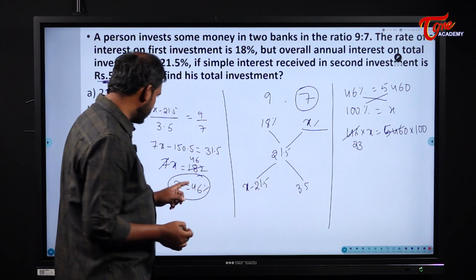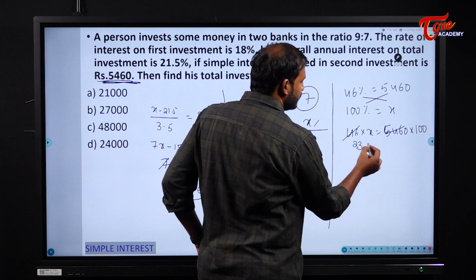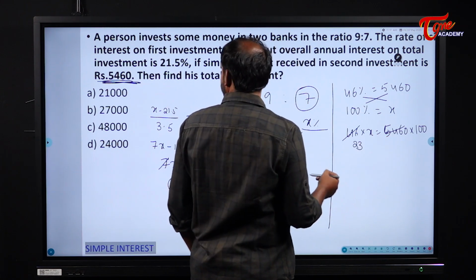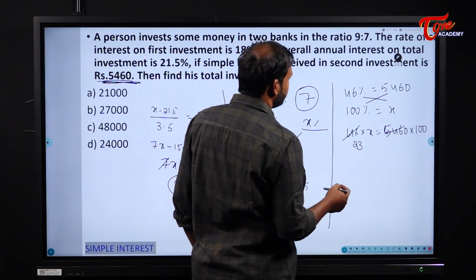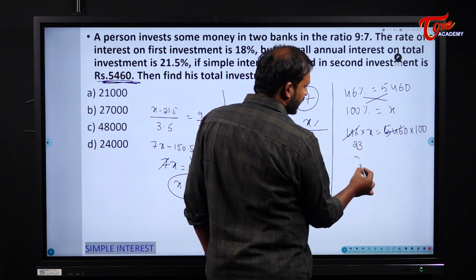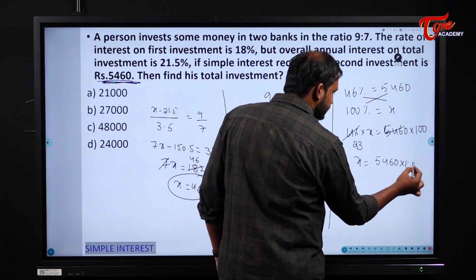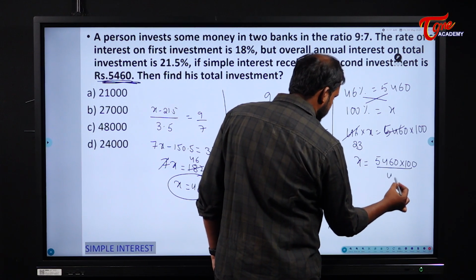Right? Is it correct? Yes, everything is correct. So 46, 5460. Find the total investment. Okay, no problem. So X is equal to, for time being, I will put this like this only, students, by 46.